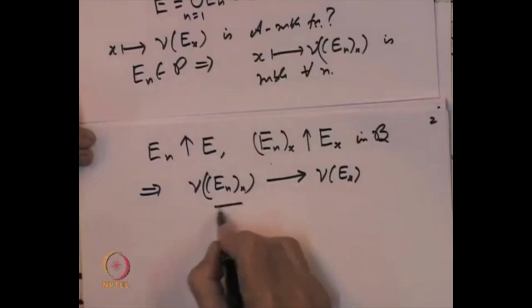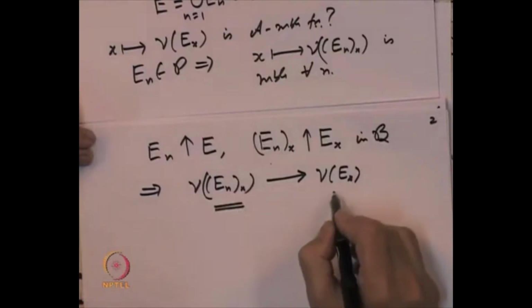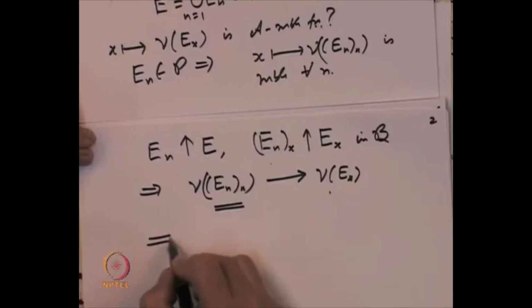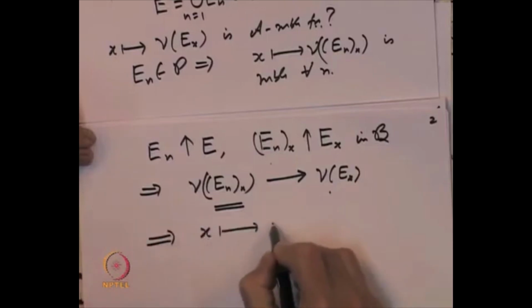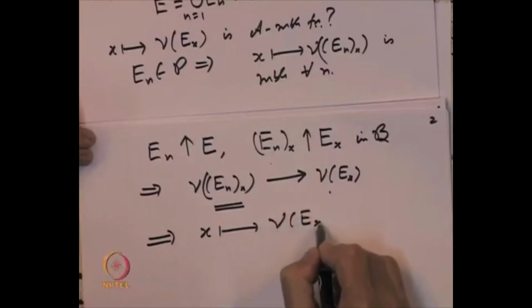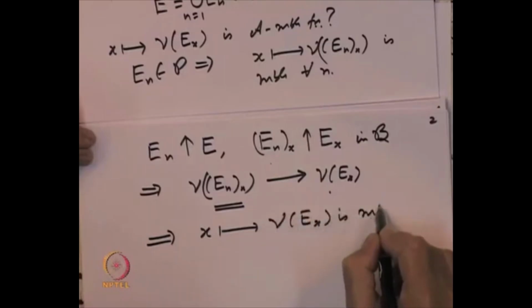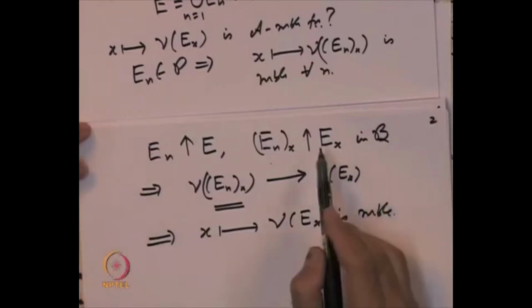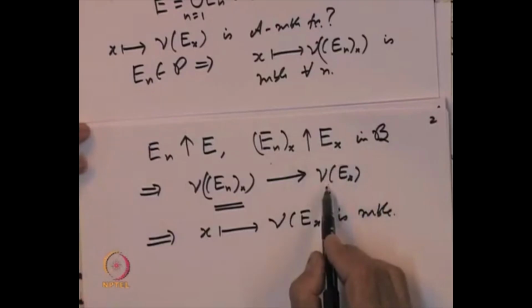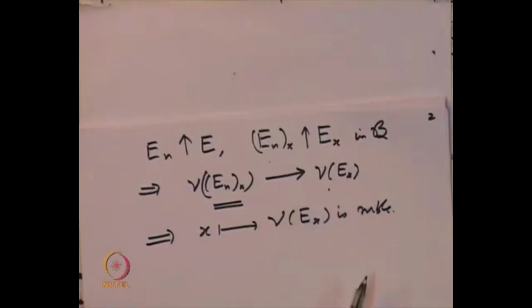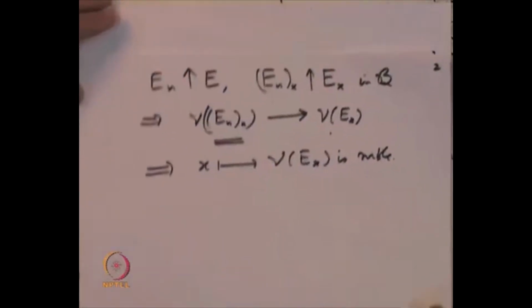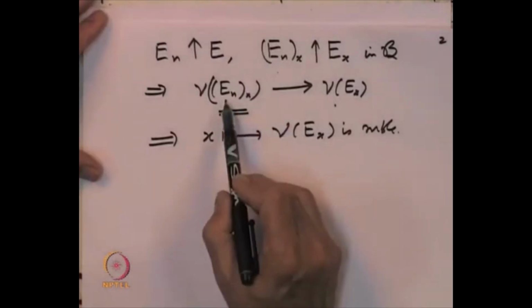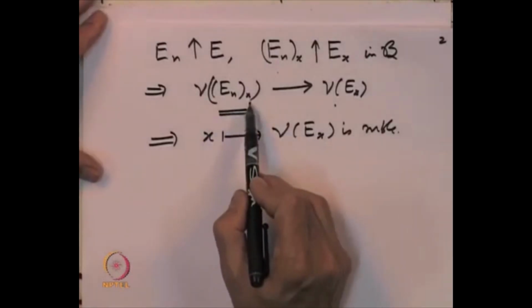Now, each one of them is a measurable function. So, nu of E_x is a limit of measurable functions. So, that implies that x going to nu of E_x is measurable. So, basically what we are saying is that the function x going to nu of E_x is a limit of the functions nu of E_n at x.